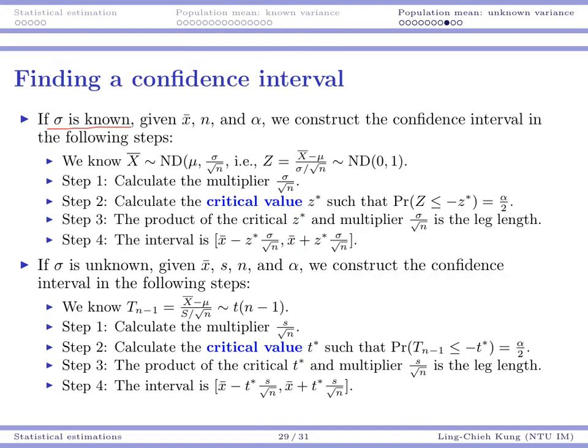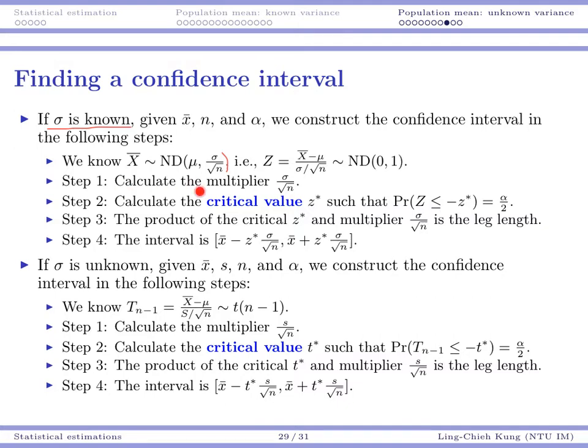First, we realize that x bar is normal with these parameters. So if I define another random variable called z, according to this formula, z would just be standard normal, according to our understanding about standardization of normal distributions. Okay, and then we only need 4 steps.